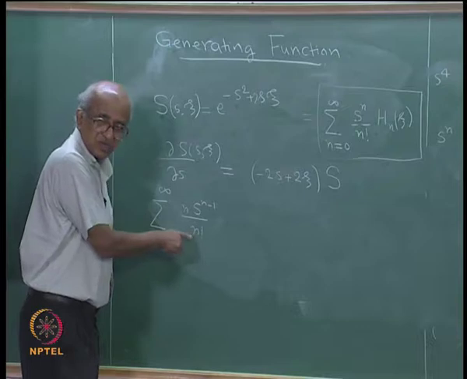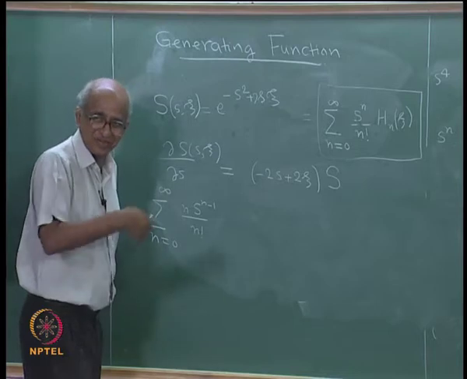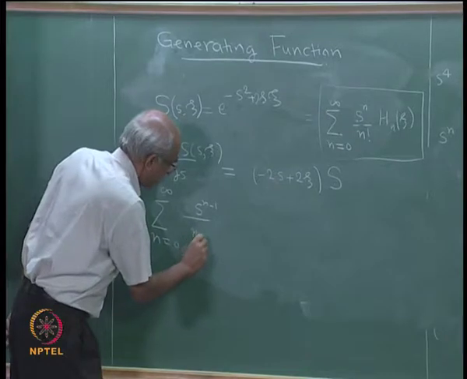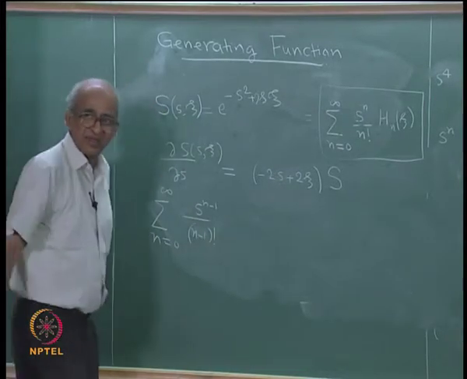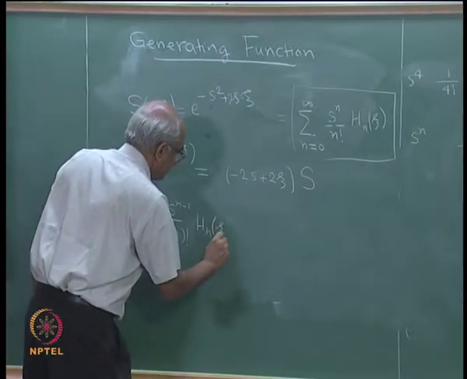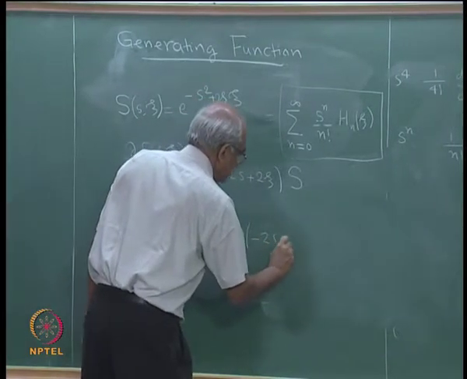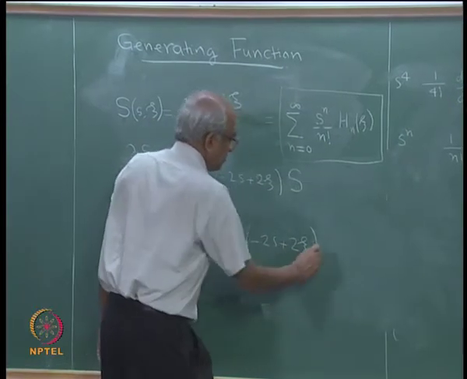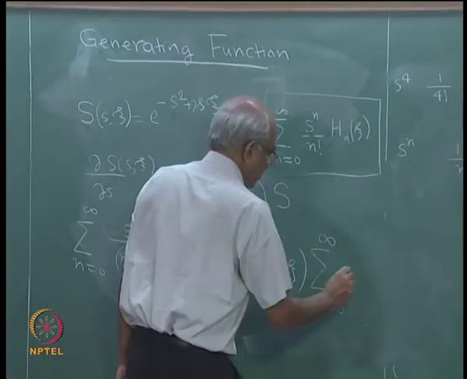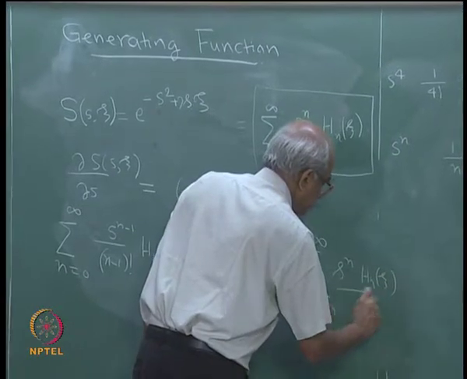This n and n factorial will be combined and I will get n minus 1 factorial, okay, and the coefficient will be Hn of C, and that is equal to minus 2s plus 2c sum n going from 0 to infinity s to the power of n Hn of C divided by n factorial.